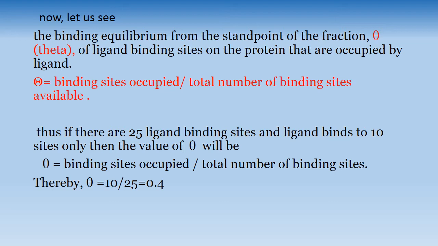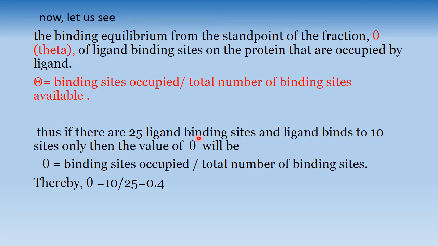This can be compared with the equation of PL upon concentration of protein and concentration of ligand, because binding site occupancy itself suggests the protein that has been bound to the ligand. But for time's sake, you can remember that theta is equal to the binding sites occupied divided by the total number of binding sites available.